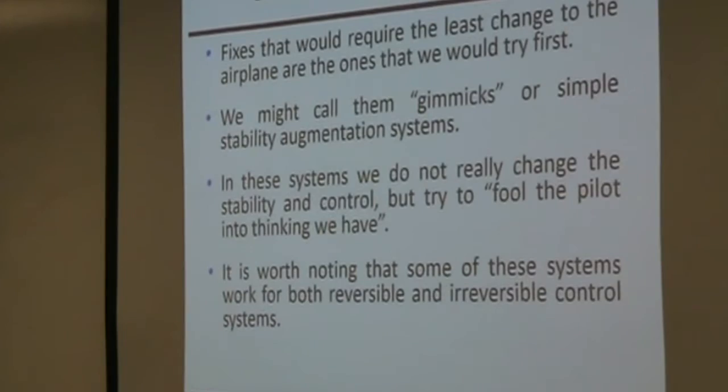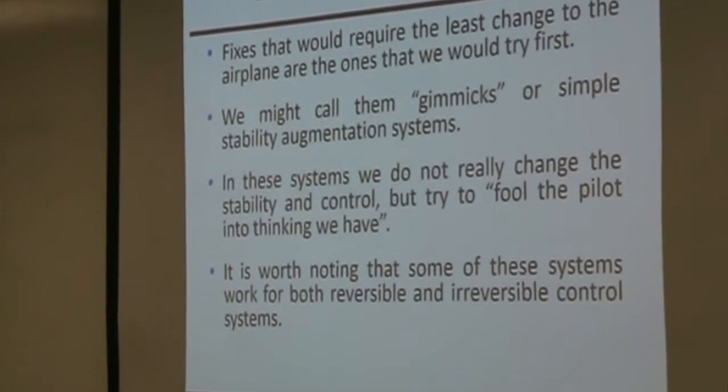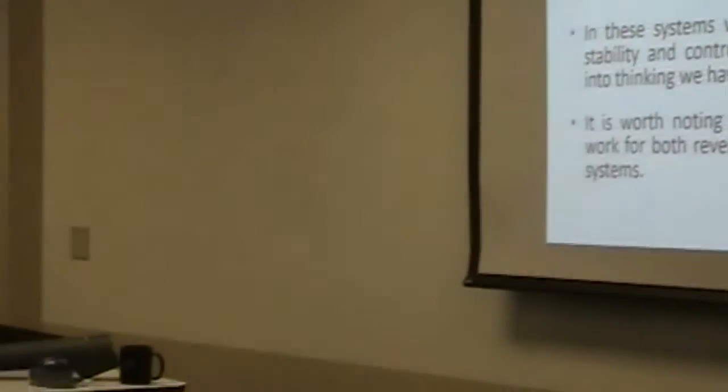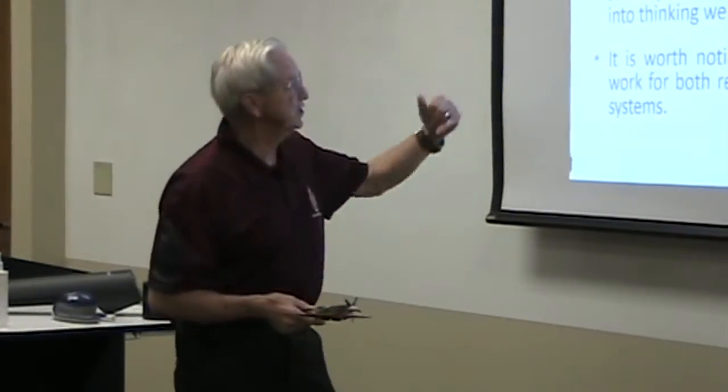Okay, well, these early simple fixes will increase control force maybe, but they won't change the location of the stick-free neutral point. They just make the pilot think we've changed it. Okay, so that's probably the first thing we're going to look at.